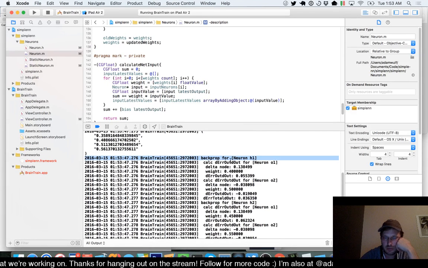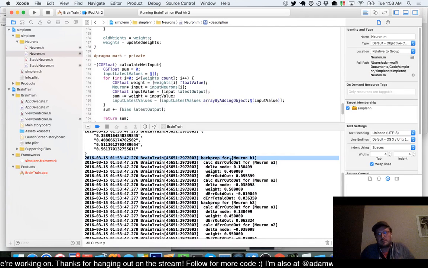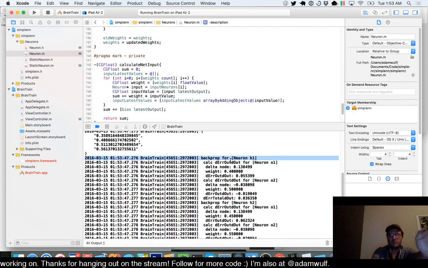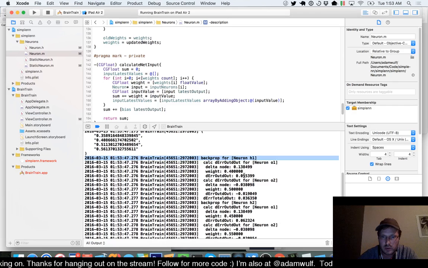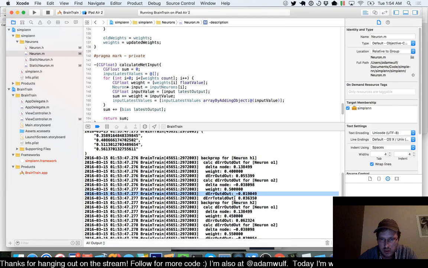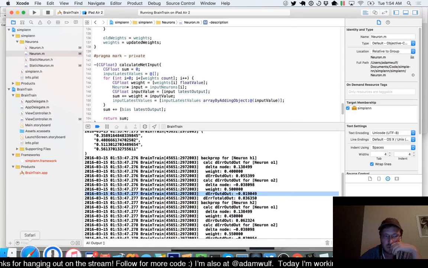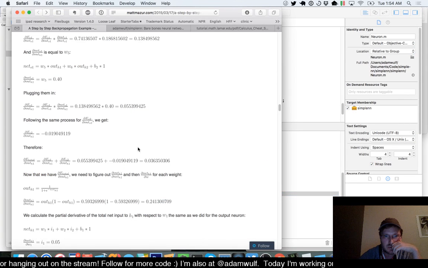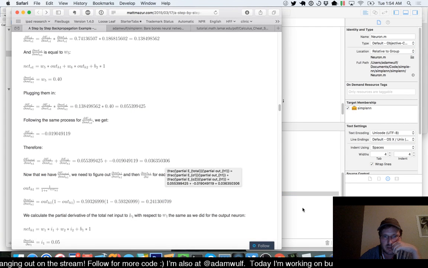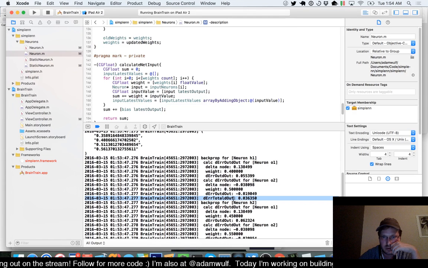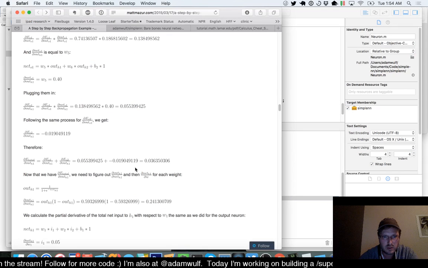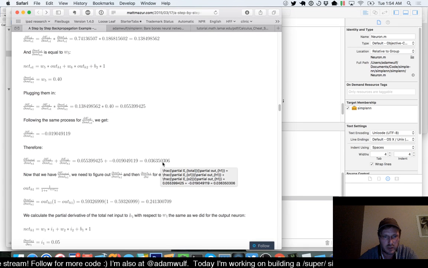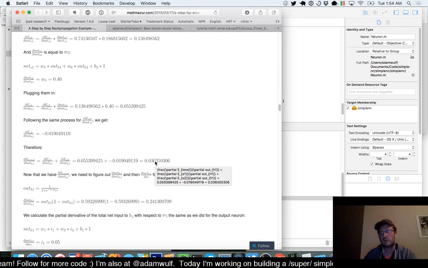So now we're doing backpropagation for H1. So the first guy's output is 0.05, second guy's output is 0.01, right? And then our total is 0.3635. Is that what I? Yeah, 3635. Okay, great. Yeah, so now we're correct. After all that business, we're doing it right.